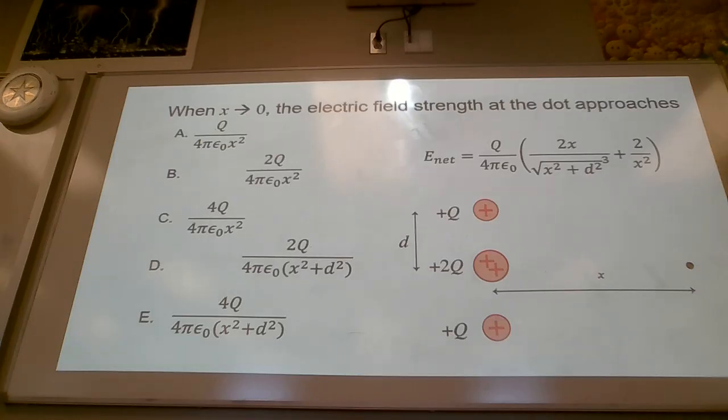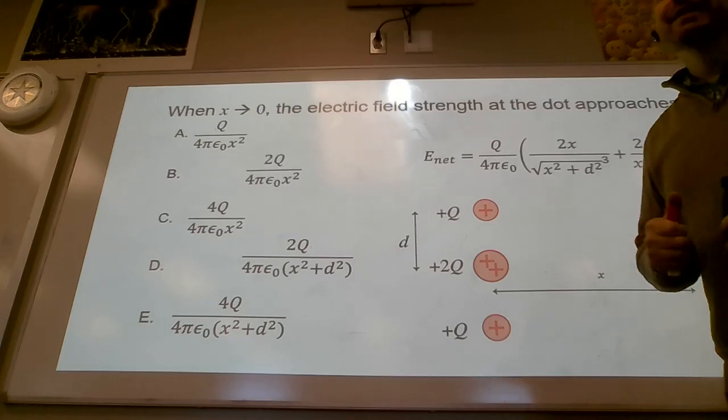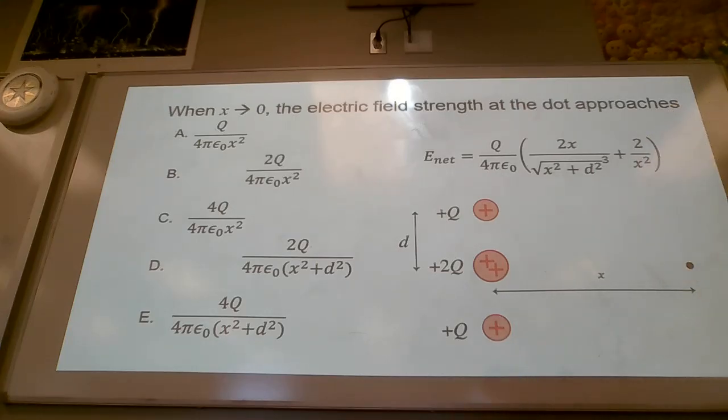No. Okay, the correct answer is... Okay, so this one, the math doesn't really help you, right? Because you stick 0 in for x, and it's undefined.